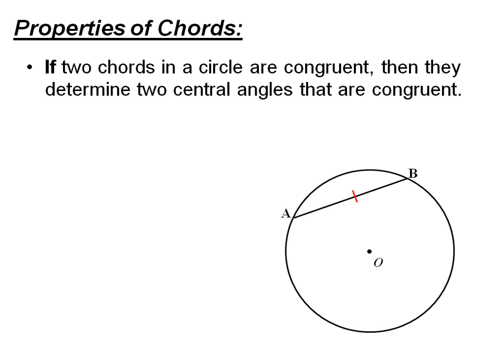Now, the expression "to determine" might seem a little ambiguous at the moment, so let me explain further. Let's say we're given chord AB here on the circle O. Now, if we extend segments from O to points A and B, those segments would form a central angle.